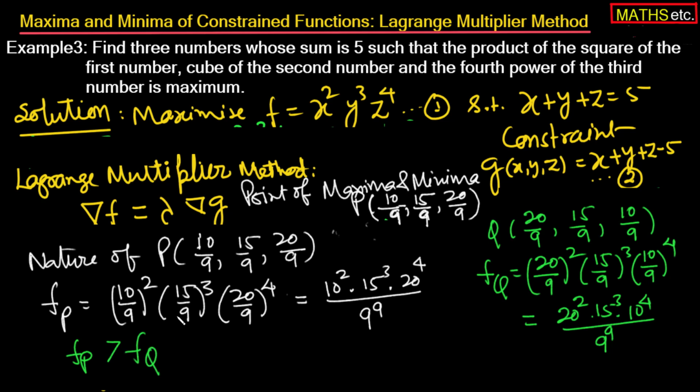Now as we have declared earlier, at point P either the function has a maxima or a minima, right? Now it can't have a minima, because if it had been a point of minima, this f at P value would have been the least value of the function. It means it should have been less than any other value of the function at any other point on the constraint, right?